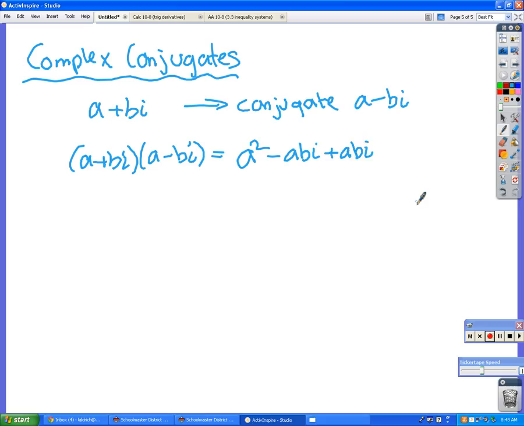And then bi times negative bi is negative b squared i squared. But then some stuff cancels out. So this negative abi and this positive abi cancel. What does negative b squared i squared become? Plus b squared. And so our final answer here is just a squared plus b squared.